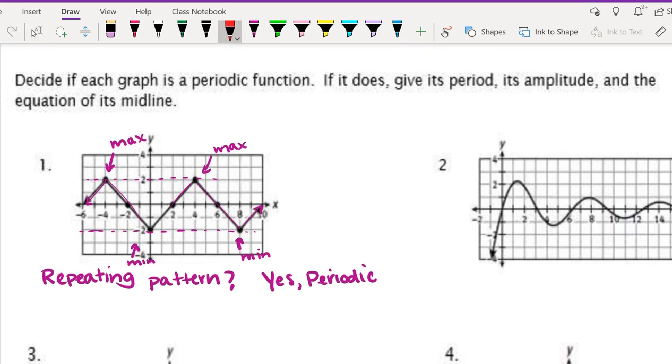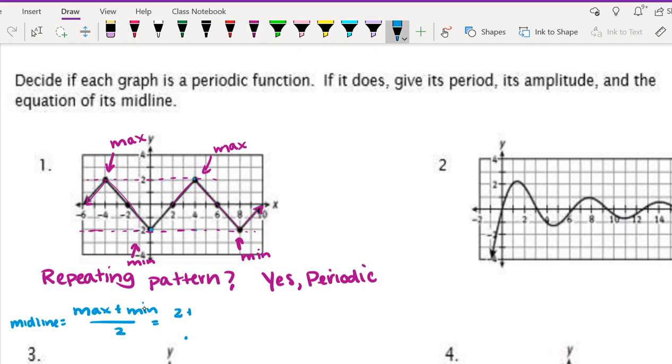So the midline is halfway between the maximum and the minimum. Well, if the maximum is 2 and the minimum is -2, the equation of the midline is equal to the maximum plus the minimum, divided by 2.